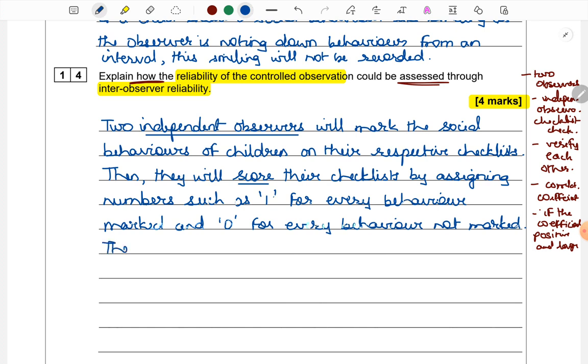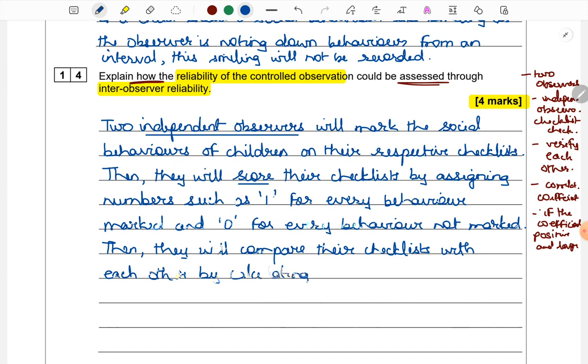Then they will compare their checklists with each other by calculating the correlation coefficient across their sets of scores.